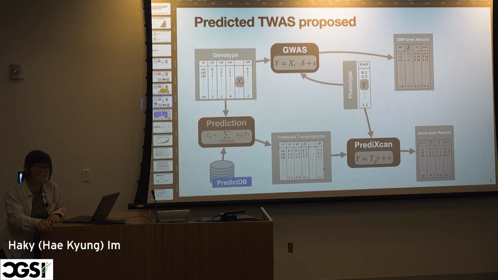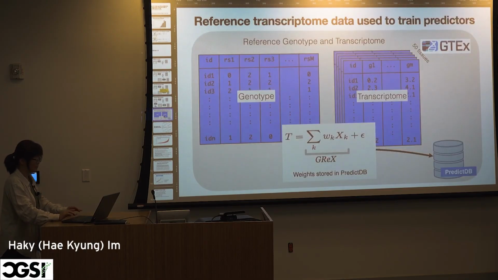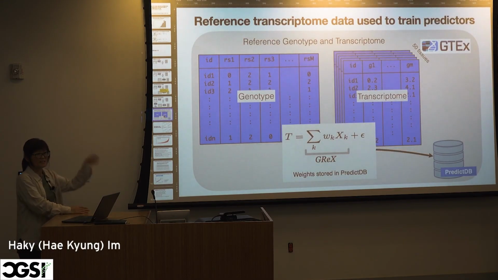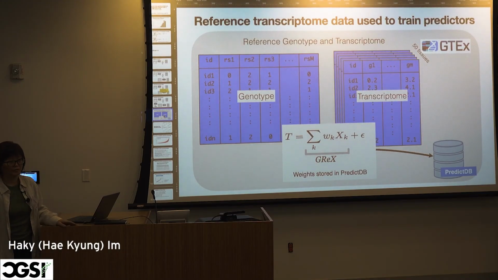Maybe you can get there, but how do you estimate the weights? It's a simple elastic net type of regression. There are other ways; people have tried BSLMM and Lasso.